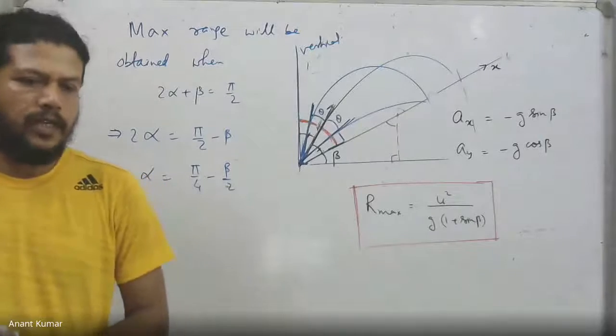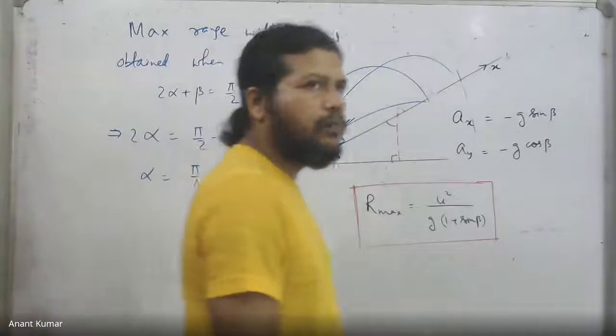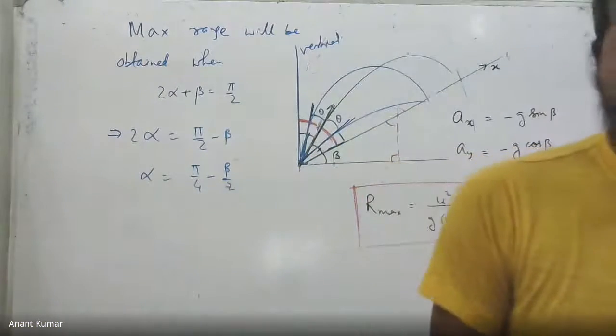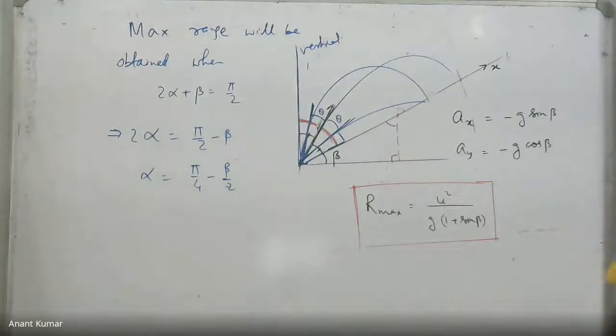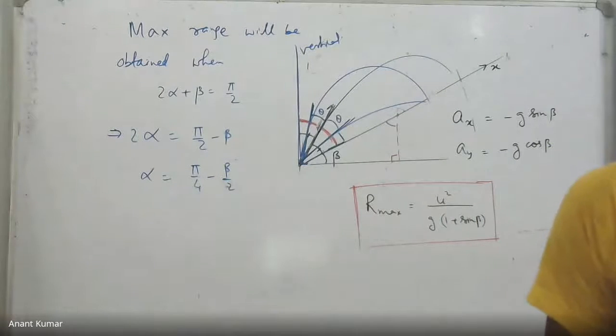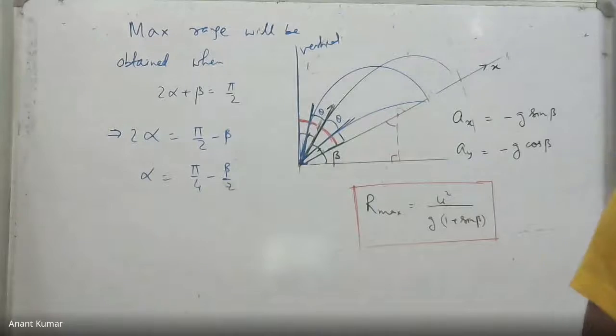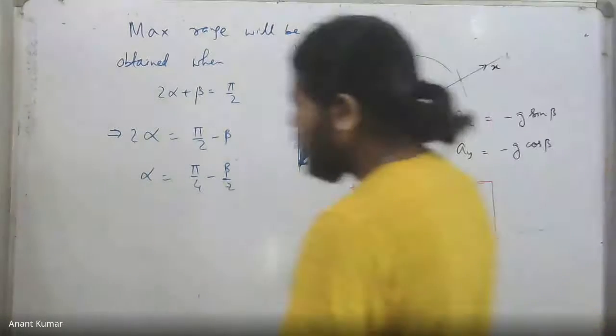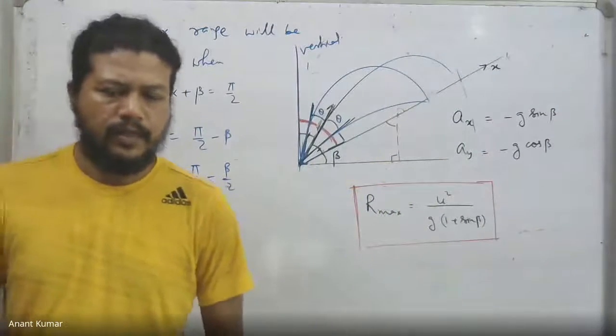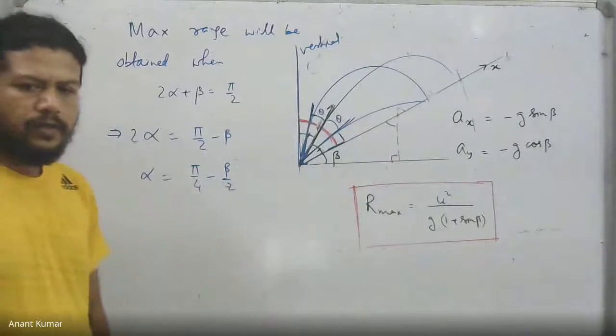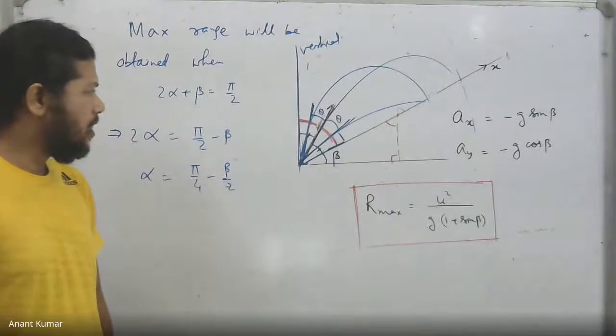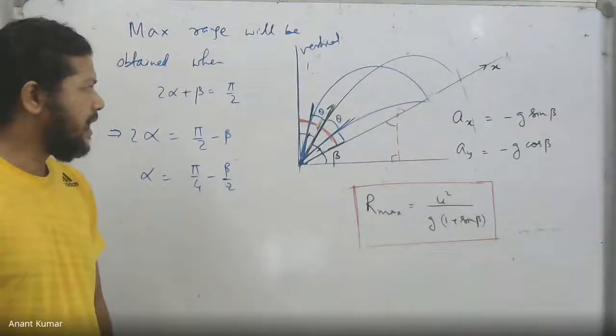It always happens. That was happening for the case of horizontal projectiles. It's also happening for the case of projectiles on an inclined plane. A very general situation, this is what we have. So that is what we have regarding projectiles along the inclined surface.